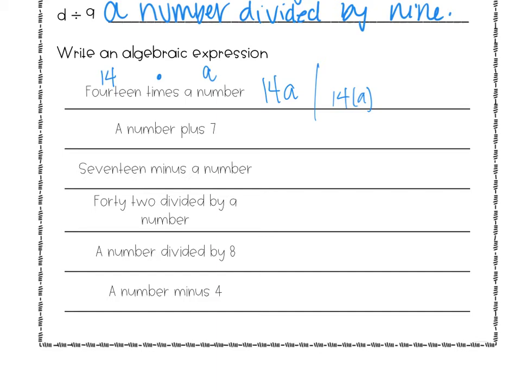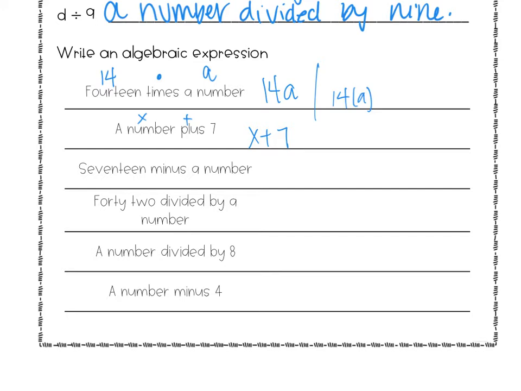That means a number is my variable. It can be any letter in the alphabet. For this one, I'll choose X. So a number, X, plus the number 7. So I have X plus 7.